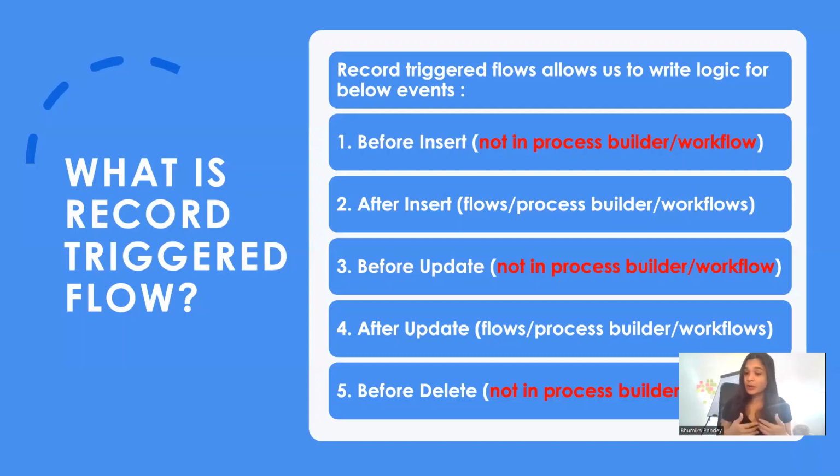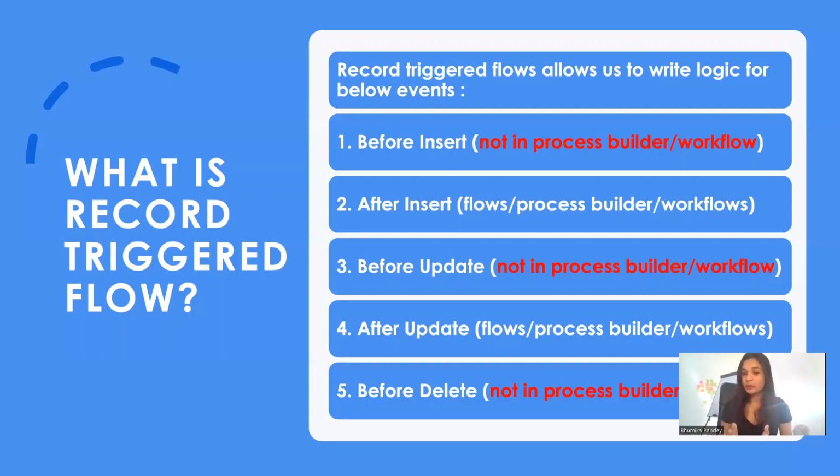And if the user is not providing any shipping address, then you want to pick everything from the billing address and pre-populate the account's shipping address before you actually hit save. So that is happening before the save. You're checking the logic and populating the value before the commit is happening to the database. That kind of logic you can implement in flow, because flow gives you the option of executing before and after events.